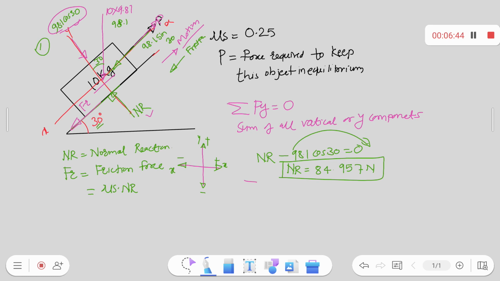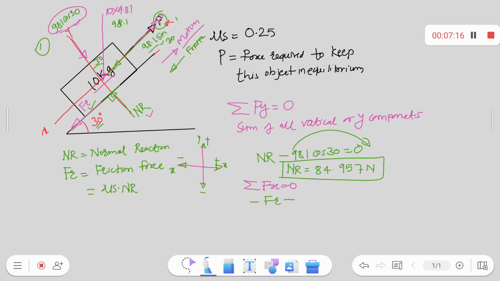Now we have to find P. For that I use the second equilibrium condition, the sum of Fx equals 0. What are the horizontal forces in this case? Three forces: friction force, 98.1 sin 30, and P. The friction force is towards the negative axis, so I write minus Fr.